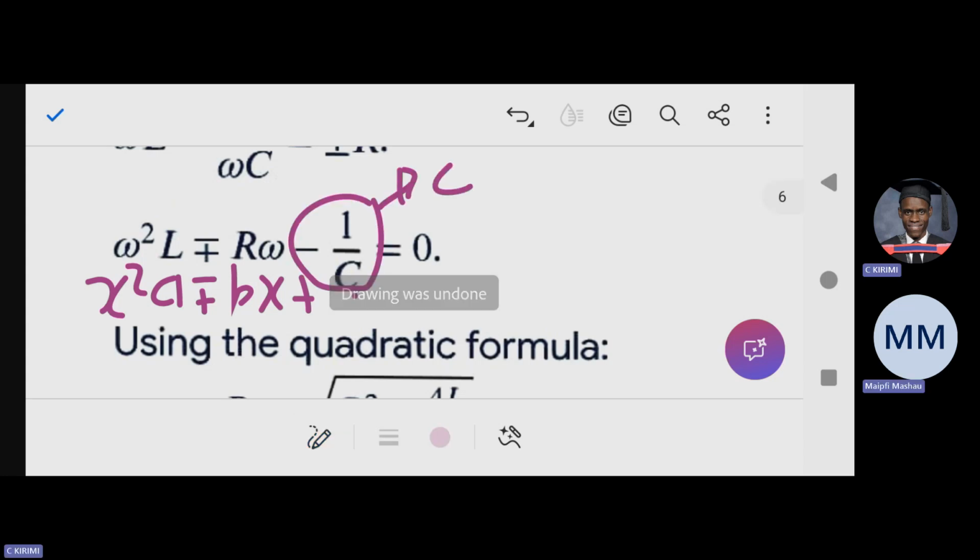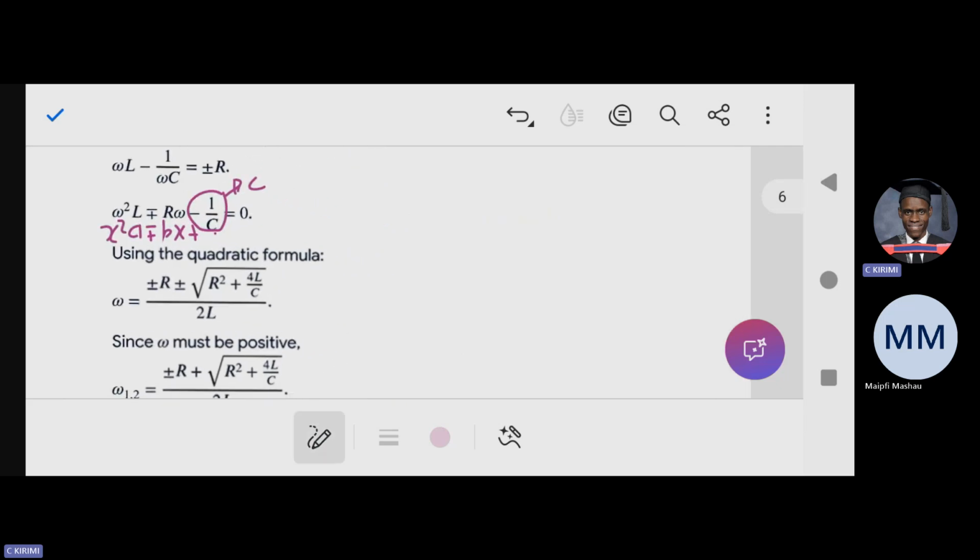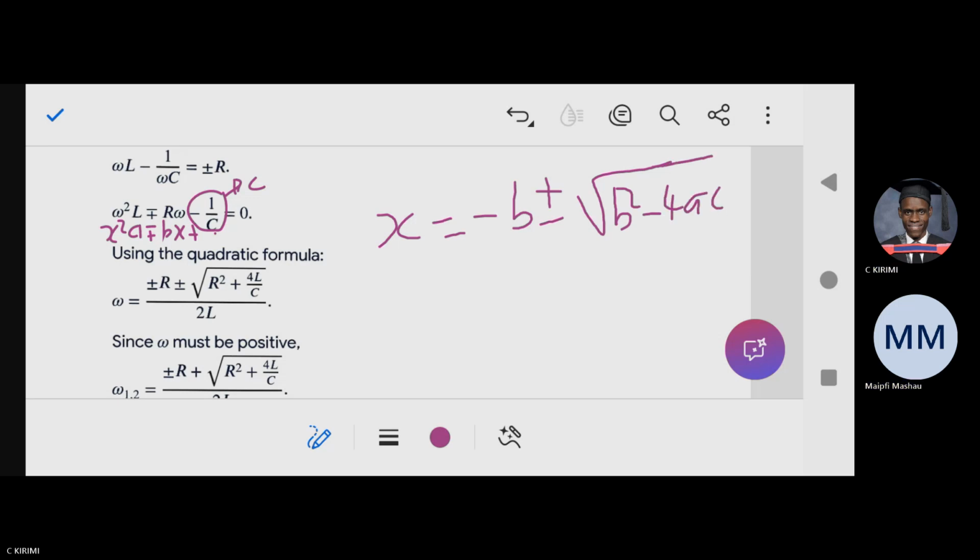That's what we need. So how do you relate this to the quadratic? The formula says your x is equal to minus b plus or minus the square root of b squared minus 4ac, over 2a. Over what? 2a.